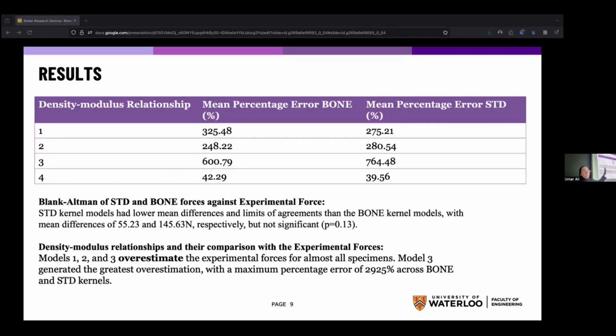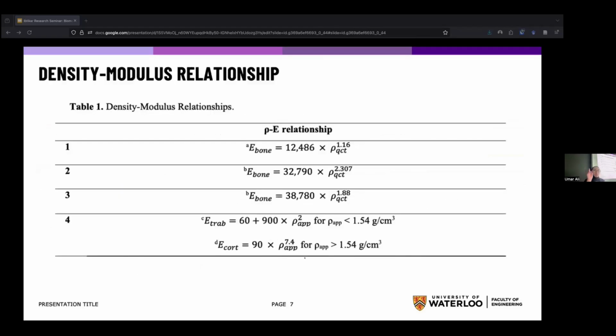So this is of all 10 samples, for each given group. So 10 samples from each of them. And they're that high because the relationships right here consider a homogeneous material. So they're not considering the differences between cortical and trabecular.